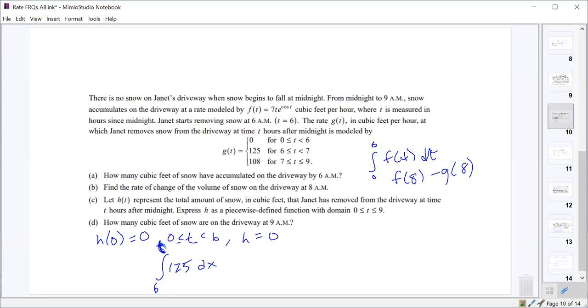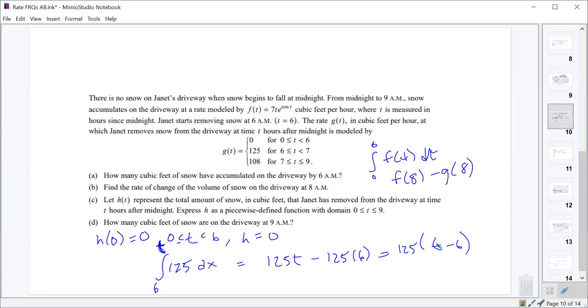If we integrate that, we end up with 125t minus 125 times 6, or we could write that as 125 times (t minus 6).